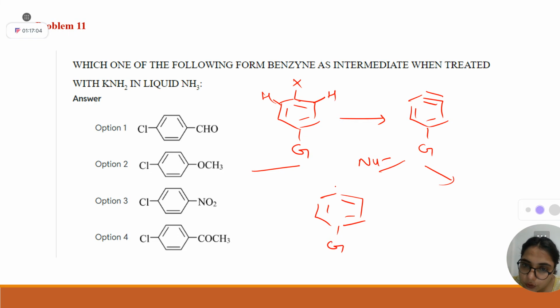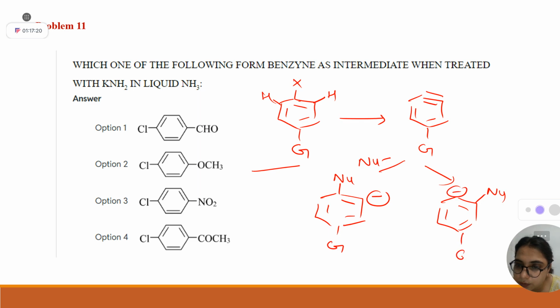Let's say if you have positive here and negative here, the positive will be attacked by your nucleophile. Another condition: you have the nucleophile here and the negative charge here, the G group is here. Now tell me which can form benzyne as an intermediate when treated with KNH2.